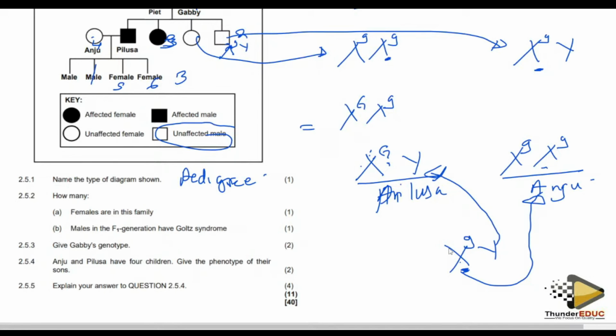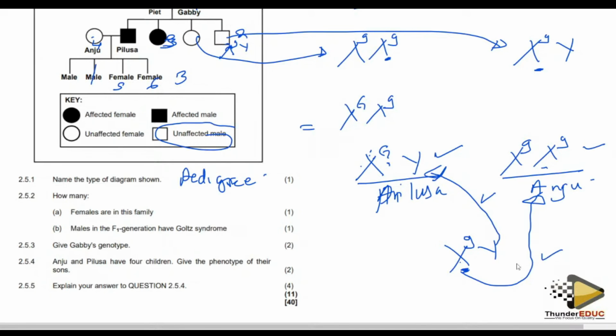So how do I get the 4 marks? By telling us what's happening to Pilusa and what's happening to Anju. Pilusa is affected, a tick, while Anju is unaffected. The males will inherit the Y chromosome from the father, another tick, and they will inherit the X with the recessive allele from the mother.